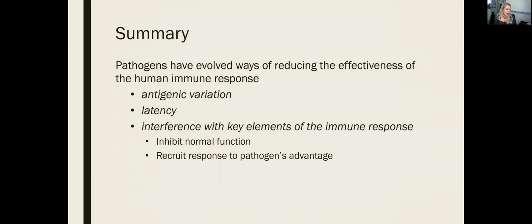These are all different ways that pathogens are able to survive the immune response and go on to cause infection. And that's why we don't have a 100% immune response all the time, because pathogens evolve along with us. We make a change, they make a change. They make a change, we make a change, and we just co-evolve together.